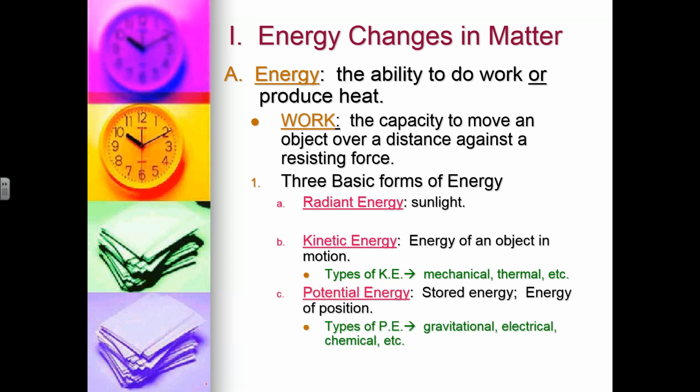And then we have potential energy. Potential energy is stored energy or the energy of position. There are also some specific types of potential energy, like gravitational potential energy. Think about an apple hanging in a tree.